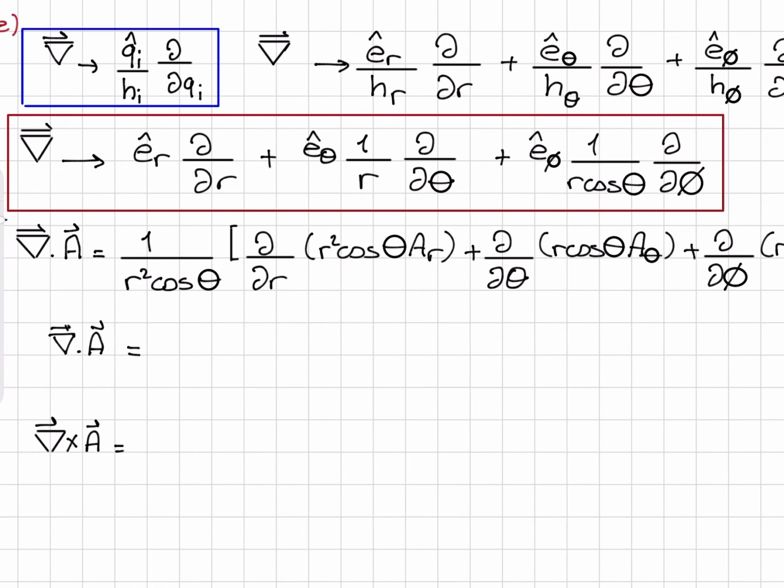Now you can see here the r derivative doesn't affect the theta part, so cosine theta comes out. Therefore, we obtain 1 over r squared del del r of r squared A_r, plus, now we have the theta derivative that doesn't affect r, so we cancel this r and this r for this term.